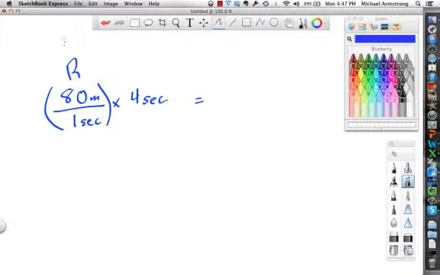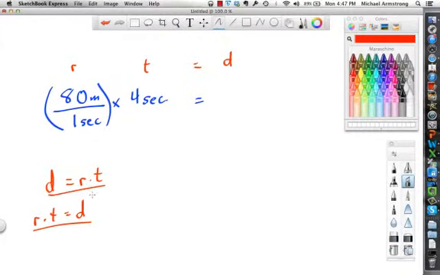Actually, we usually do it with a little r. Make sure we do it that way. That's the rate, 80 meters per second. 4 seconds is the time, and equals the distance. So this one's written backwards. Distance equals rate times time is the same as rate times time equals distance.